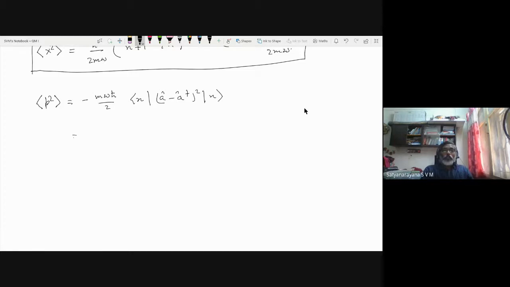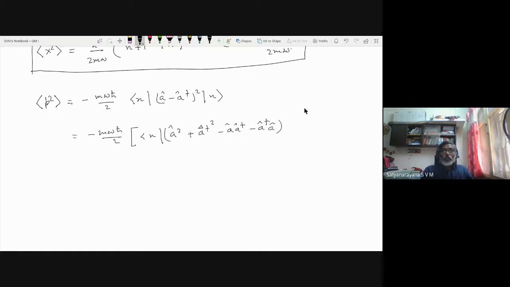So you can see that minus mωħ/2 into ⟨n|(a² + a†² − aa† − a†a)|n⟩.